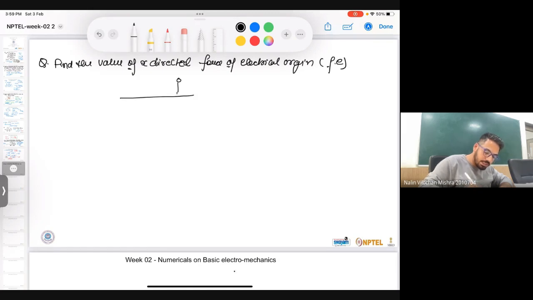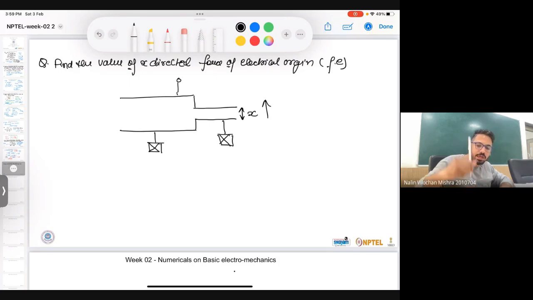So there is this capacitance and another capacitance is connected in parallel like this. The separation between the capacitance is given as x. This plate and this plate are basically anchored. So these plates are fixed and cannot move, but there is a force in this direction.